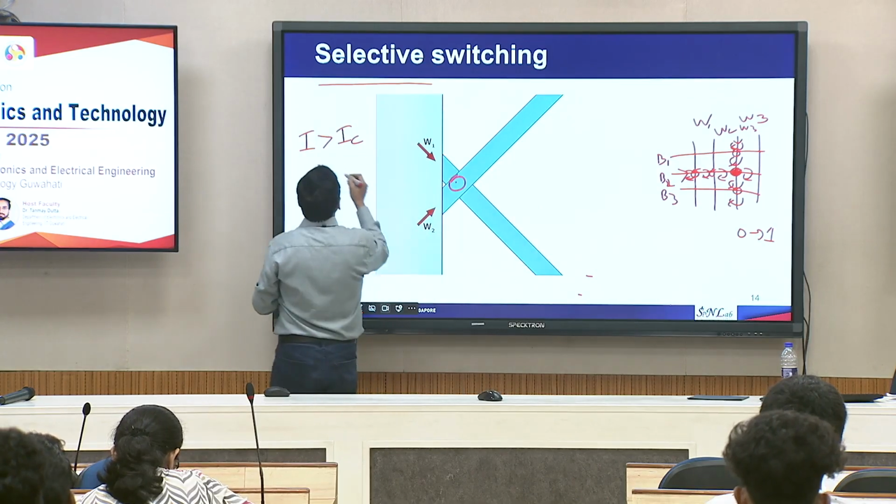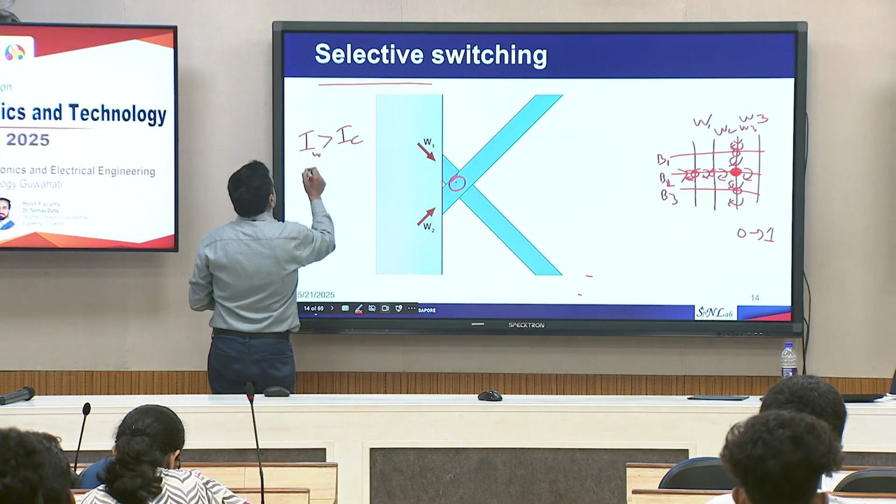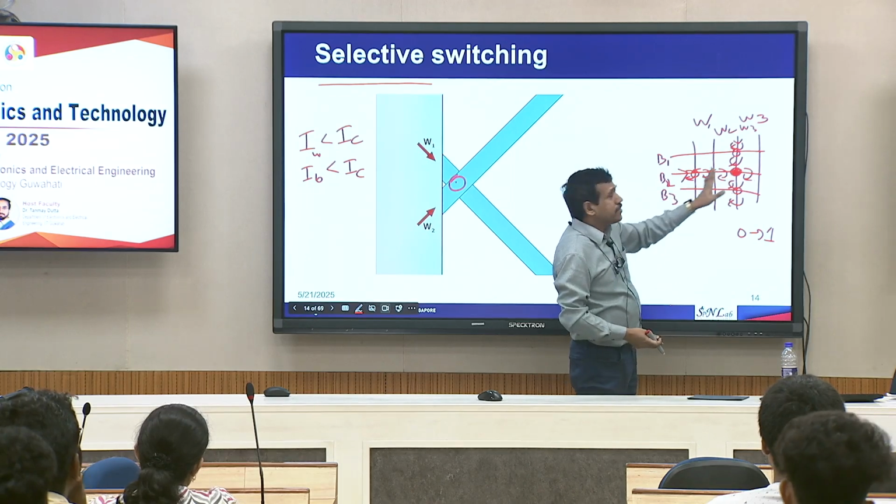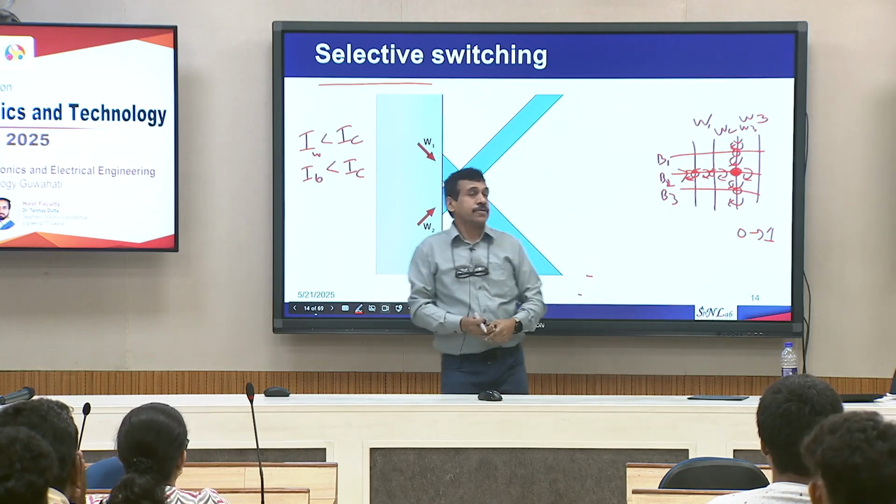The current in the word line, or the current in the bit line, sorry, is lower than the critical current, so that the magnetic field produced by this wire does not switch any other MRAM.